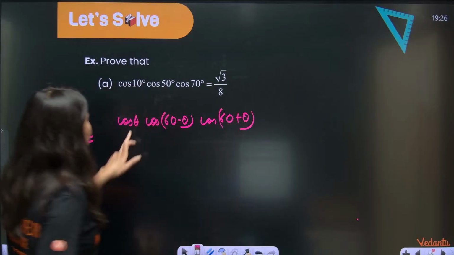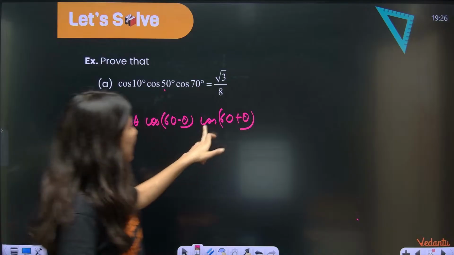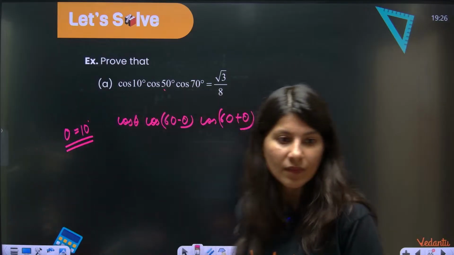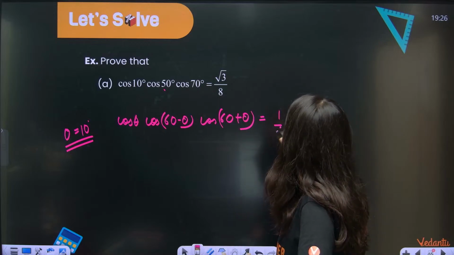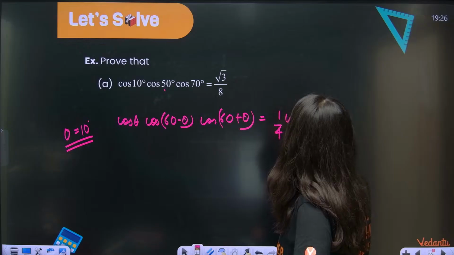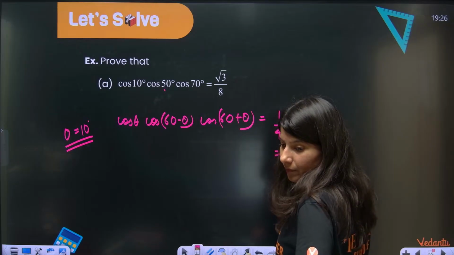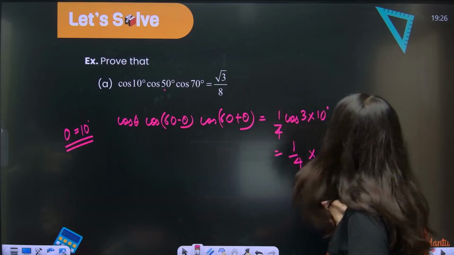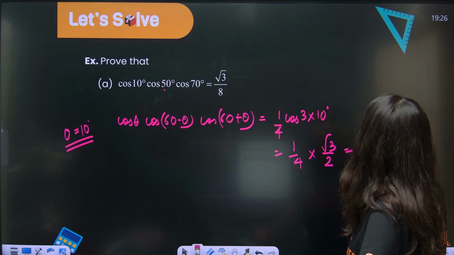So put theta 10: cos 10, cos 60 minus 10 is 50, cos 60 plus 10 is 70. So this is 1 by 4 cos 3 theta, 3 into 10 degree, so 1 by 4 cos 30. Cos 30 is root 3 by 2. So this is root 3 by 8.